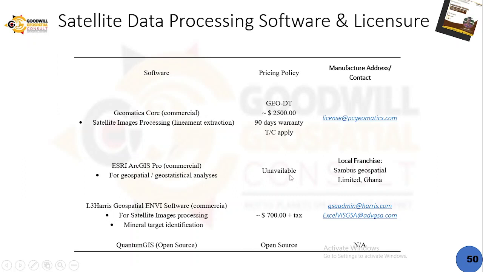It's a franchise. In Ghana here, that's where you can get them: Samples Geospatial Limited Ghana. And L3 Harris Geospatial ENVI software. It's a commercial software, good for satellite image processing and manual target identification. Then Quantum GIS is open source, it's free of charge. You can get them.